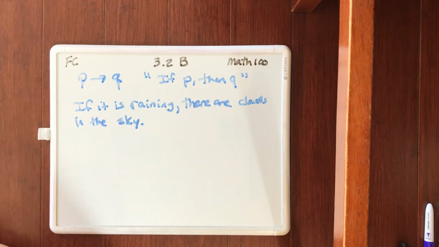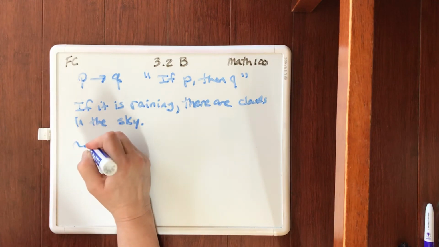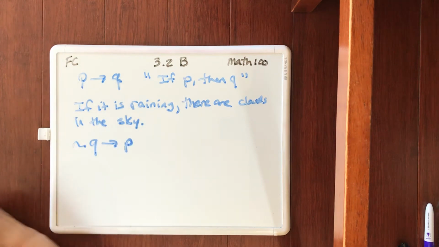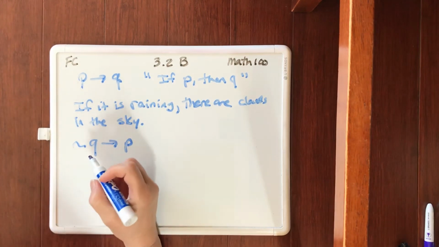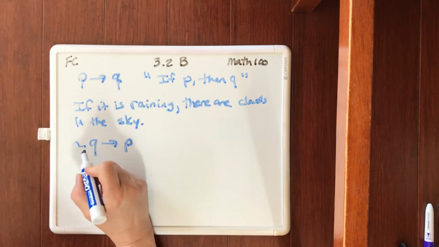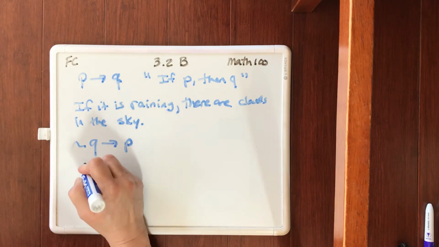Let's go back to the working at 5 p.m. Let's look at not Q, then P. So if you look at the notes, what was Q? Q was they are working, and P was it is after 5. So right here we have it is not working. Okay?